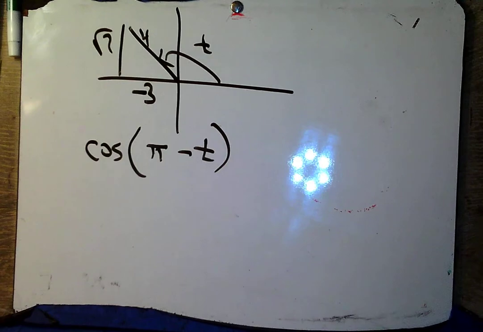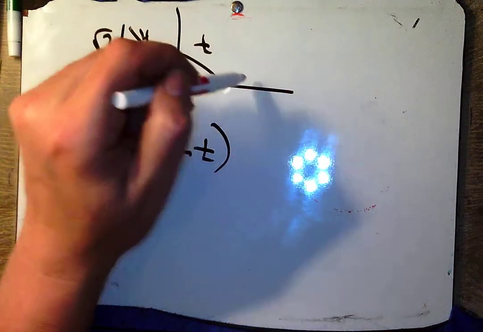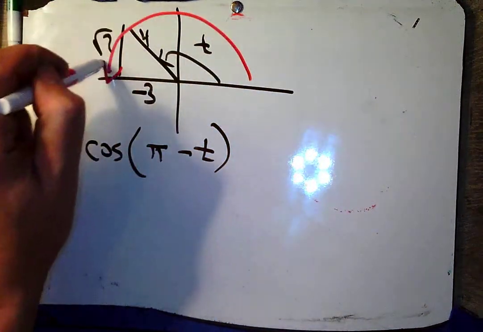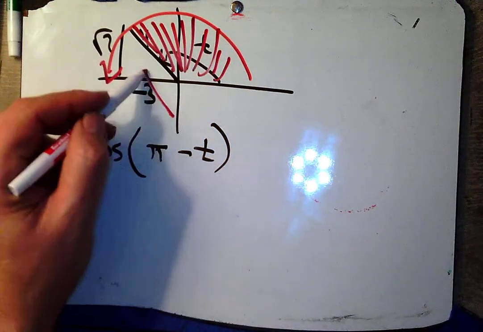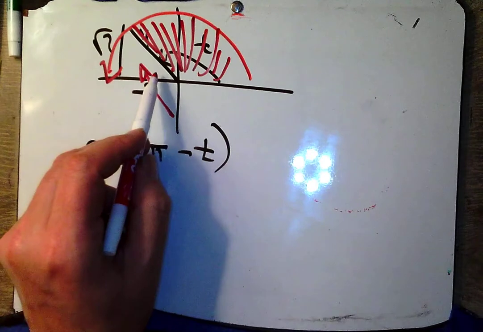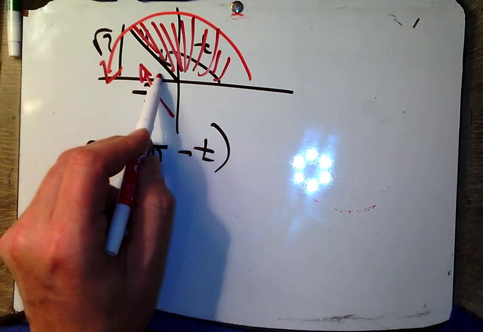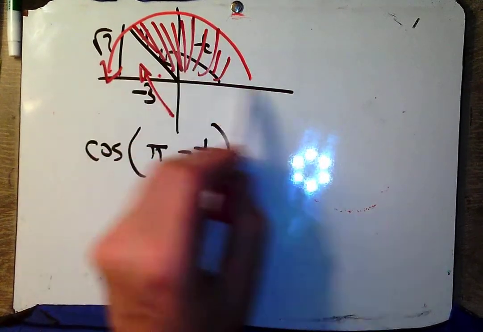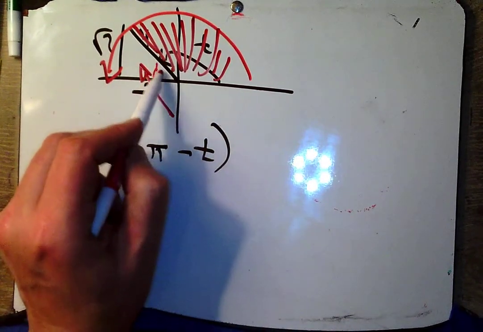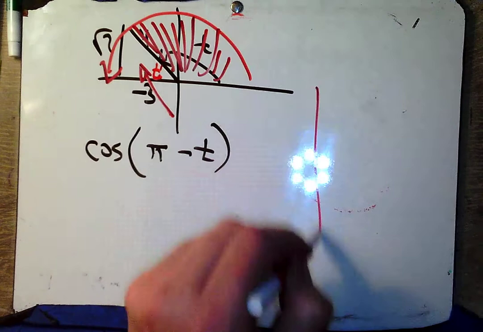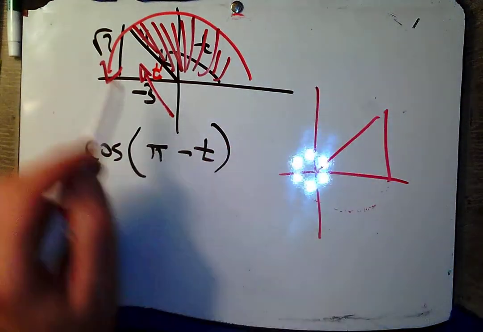What does it look like? Well, pi minus t, here's pi, and if I take t away, I'm left with this angle. Now, that angle is less than pi over 2. This is an acute angle here, this t prime. So I could even draw it over here because it's acute.